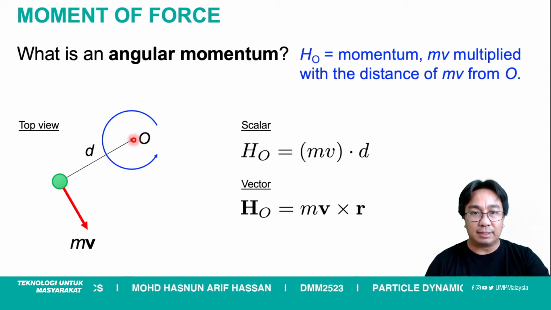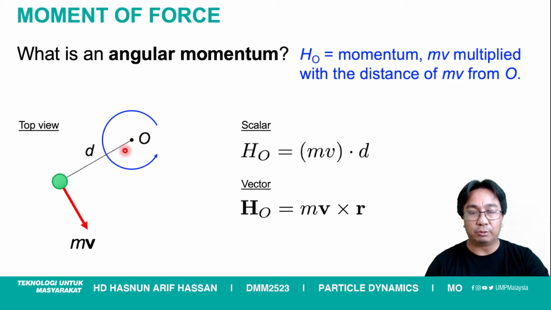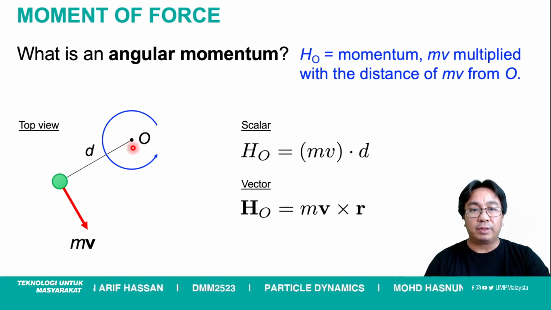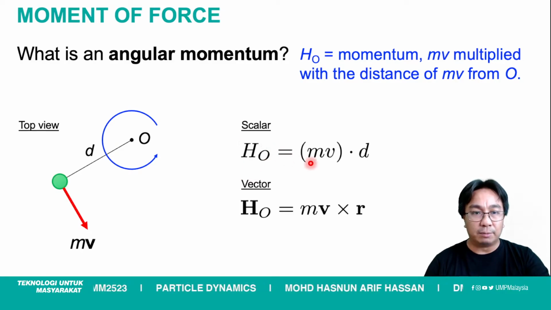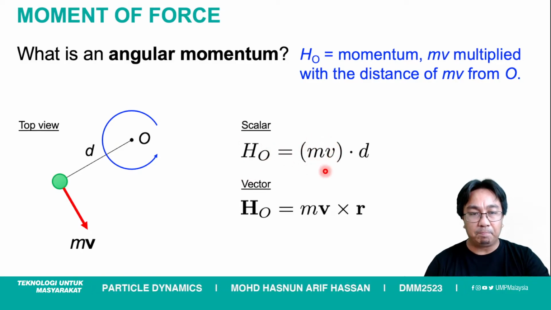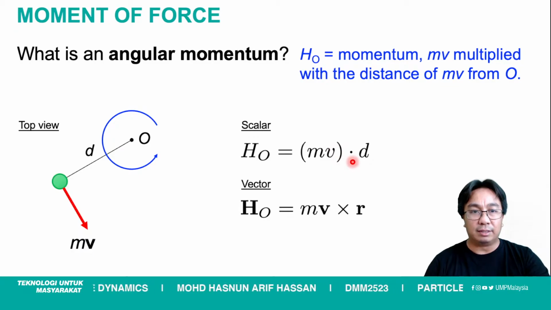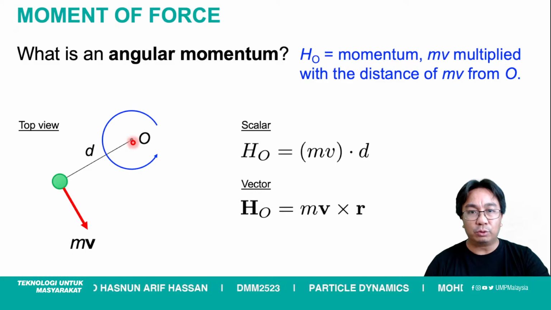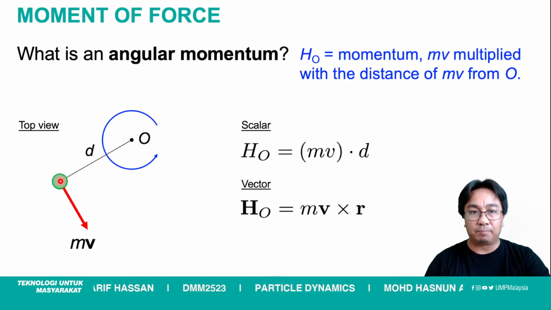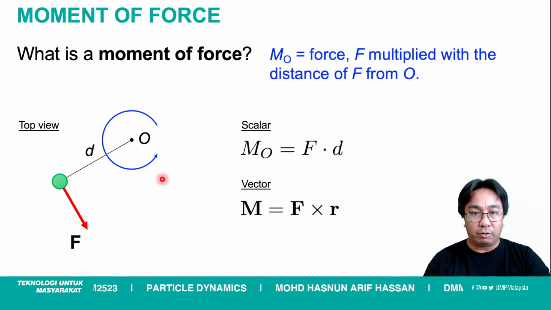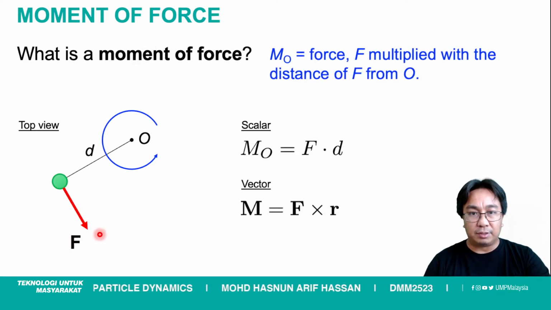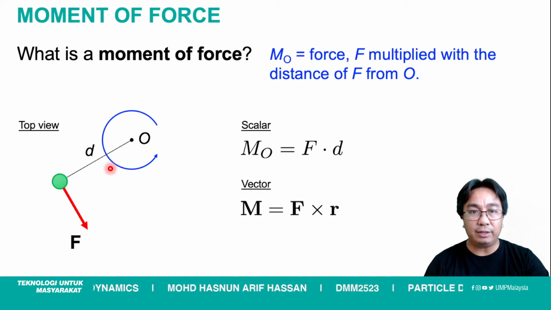And since this is rotation about point O, we write HO is equal to the momentum mv multiplied with the distance D. That is the distance from point O to the particle. Okay, so this is the difference between the moment of force, F times D, and the angular momentum.